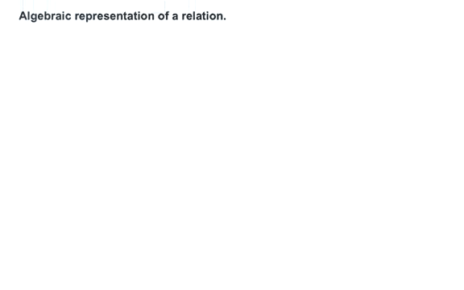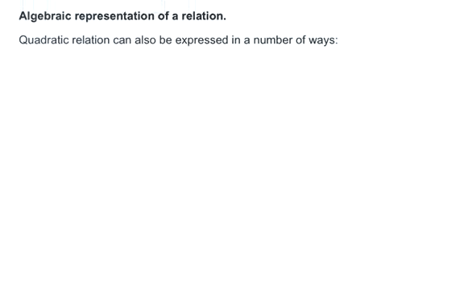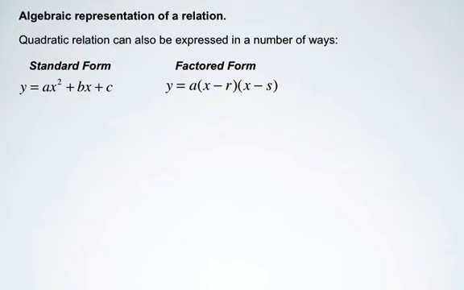Algebraic representation of a relation. Quadratic relations can also be expressed in a number of ways. We have standard form, y equals ax squared plus bx plus c. We have the factored form, y equals a times, in brackets, x minus r, times, in brackets, x minus s.